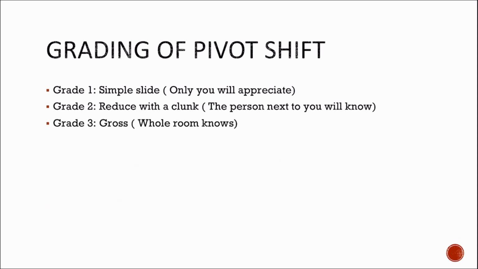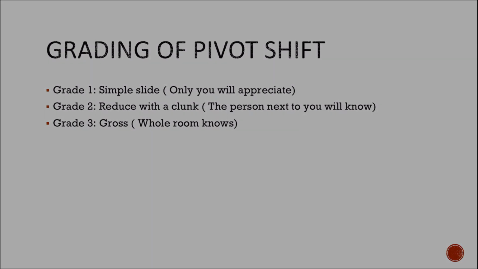In grade 3, it is a gross pivot shift, meaning every person in the whole room will be able to appreciate your test. And the clinical significance here is that it is present in chronic cases, and you have to look for other concomitant injuries like the ramp tear or the lateral meniscus posterior horn tear. You have to look for other hidden injuries.